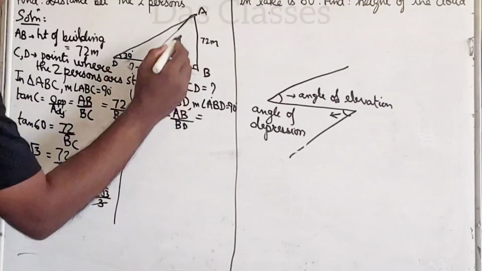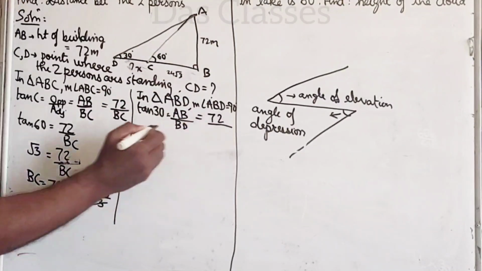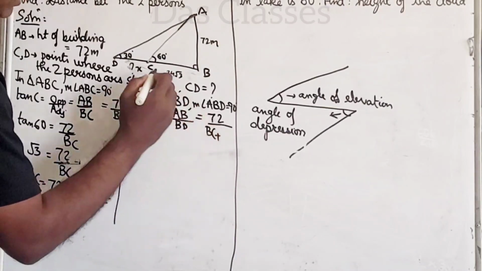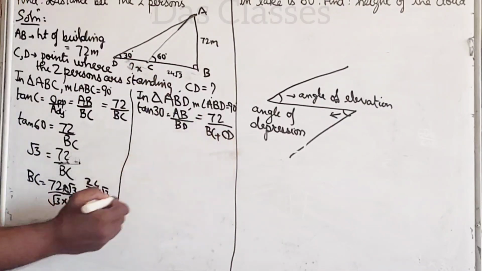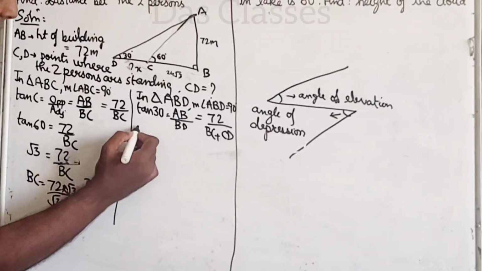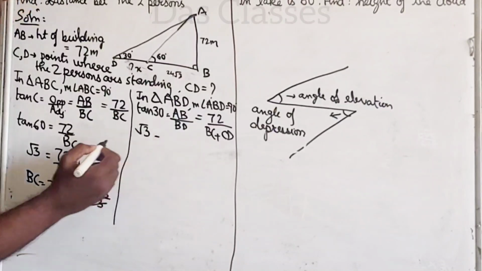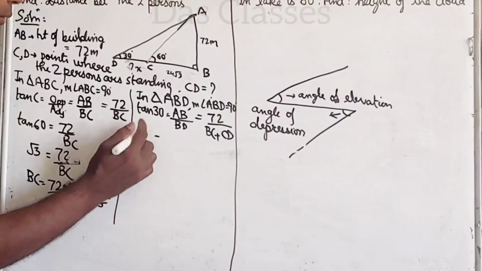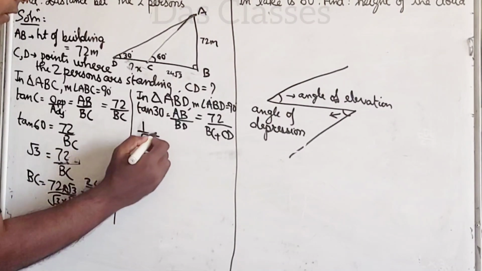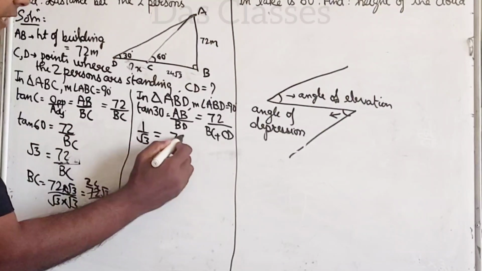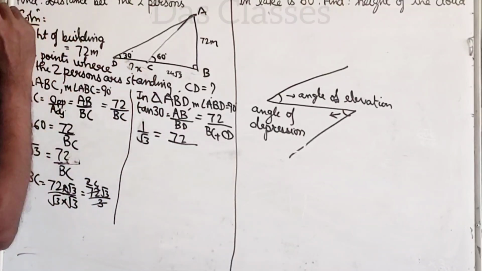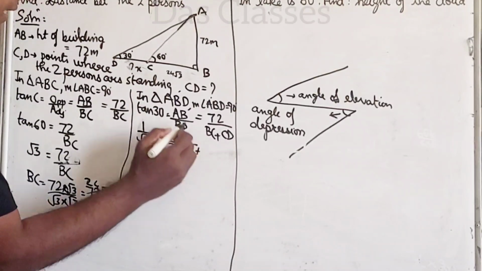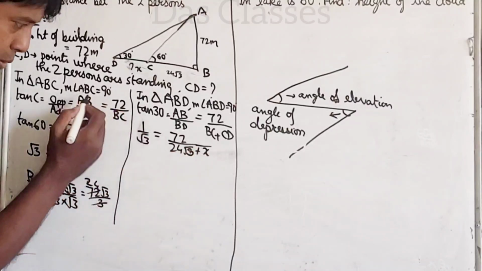Now AB is 72. BD is BC plus CD. Now tan 30, again it's a standard value, that is 1 upon root 3, is equal to 72 upon, BC is 24 root 3 and CD is x, cross multiply.